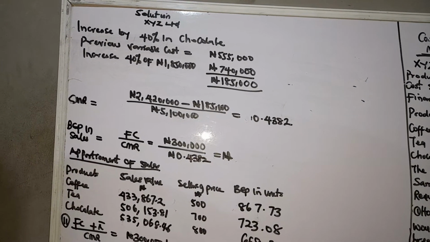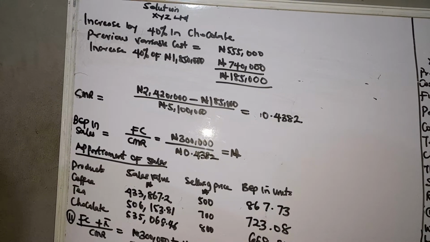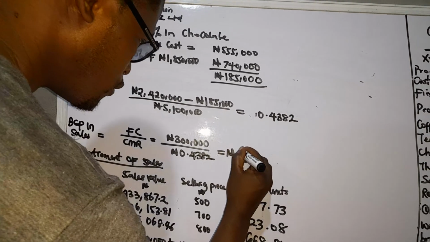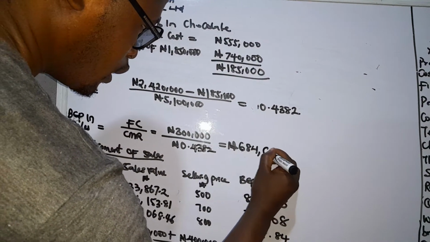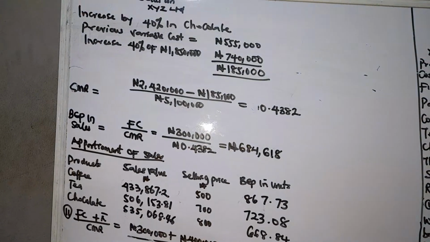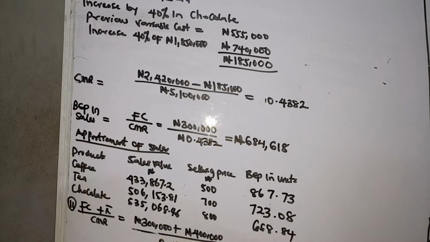That gives 684,618. So this is our new break-even point in sales.